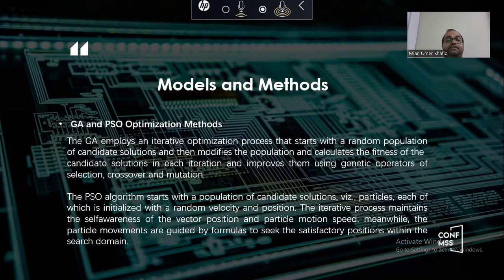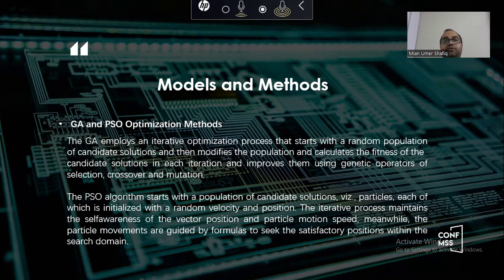The third one is GA and PSO optimization. GA means genetic algorithm. The genetic algorithm employs an iterative optimization process that starts with a random population of candidate solutions, and then modifies the population and calculates the fitness of the candidate solutions in each iteration, improving them by using genetic operators of selection, crossover, and mutation.